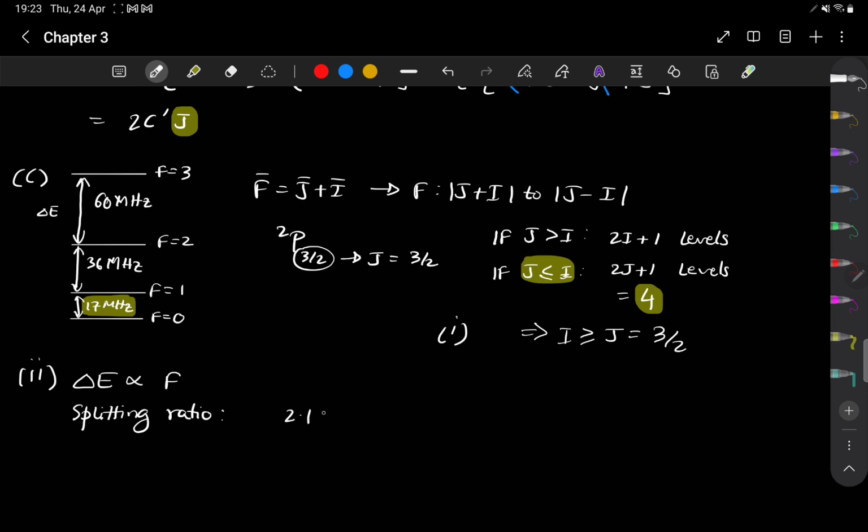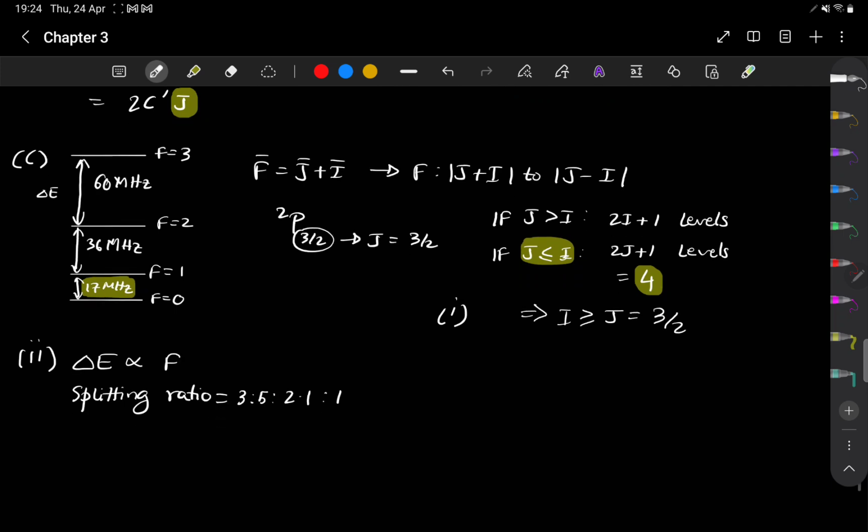So 2.1 is to 1, and 60 divided by 17 is roughly 3.5. So 3.5 is to 2.1 is to 1. This is the splitting ratio between these F levels.